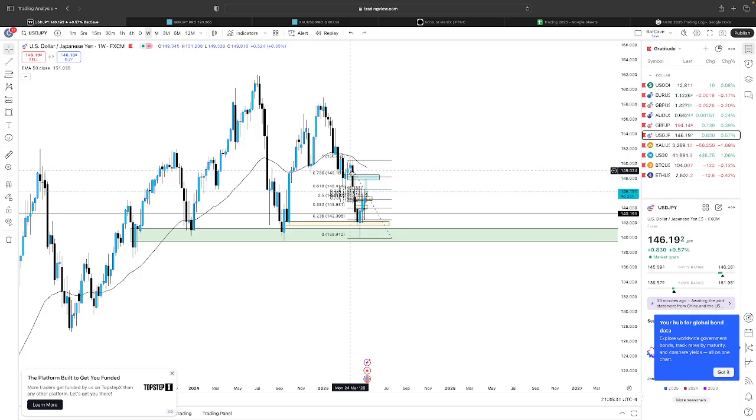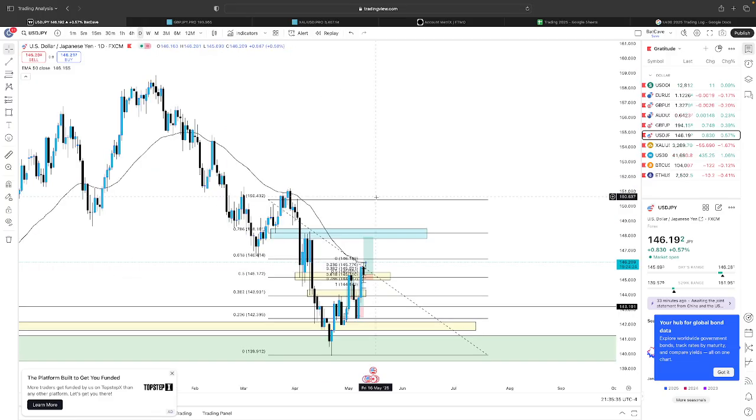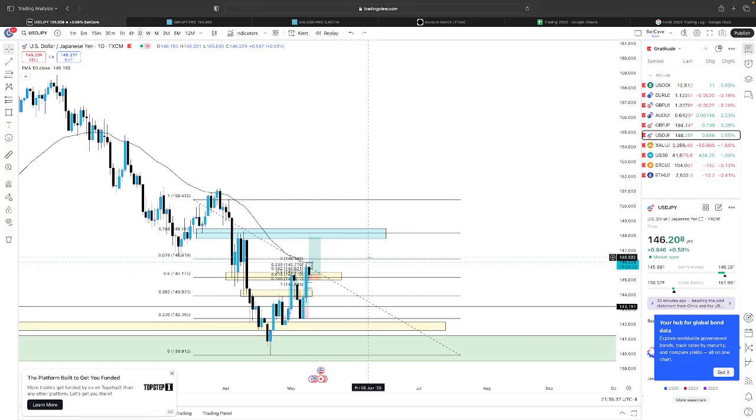So then, as you can see on lower time frames like the daily time frame, price action has opened at 146 and has created a bullish candle with a large lower wick following bullish market structure. As you can see here, lower low, lower high, higher low, higher high, higher low, as price action continues to create a new higher high.